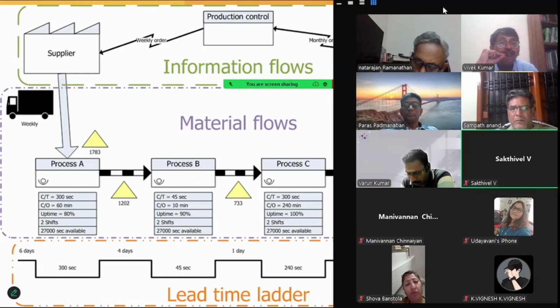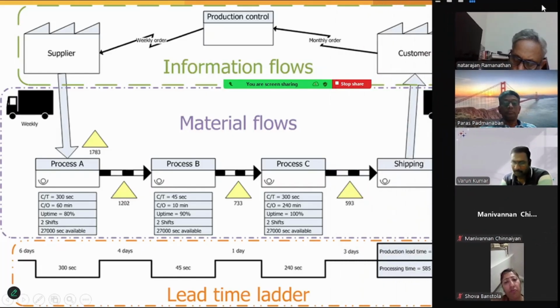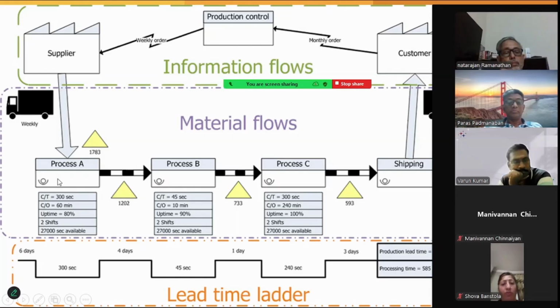So we have now understood the benefit of having this way of understanding. Now, can you look at this? This is process A, and this is a symbol which says that this is about the operator. If there are more operators, let us say 2, then we can write here 2 or 3 or 4.